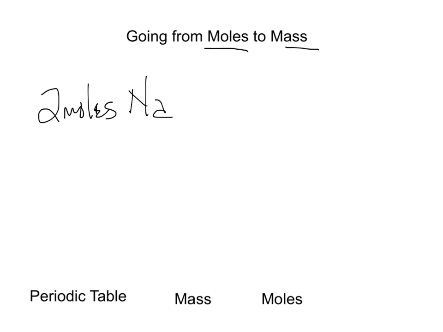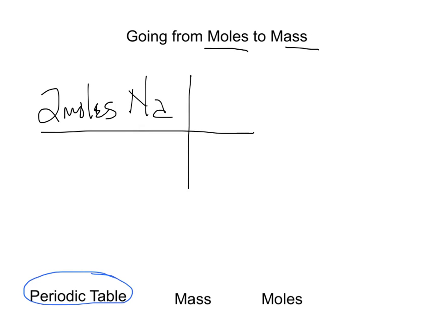And they want to know how much mass is that. Well, then I would write that down. And once again, I want to now use the periodic table. I look at the periodic table, and I say that 1 mole of sodium is 23 grams.